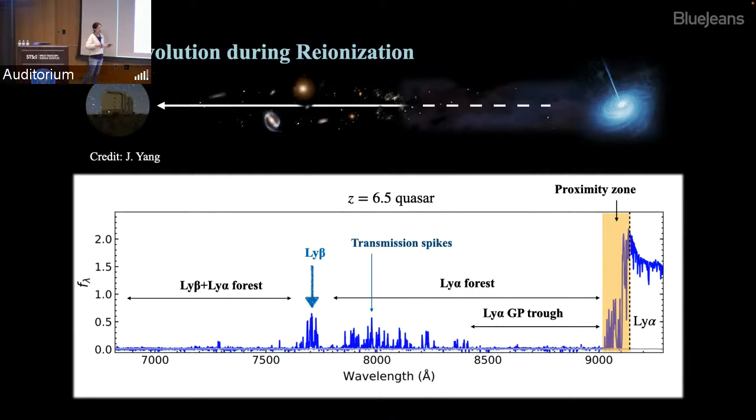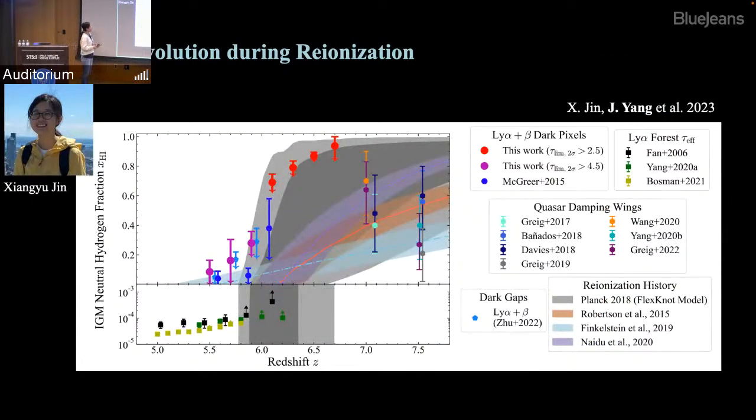All these absorption features in quasar spectra can be used as direct tracers of IGM evolution, and to estimate the neutral hydrogen fraction as a function of redshift. Here is a figure showing estimates of the neutral hydrogen fraction using high-redshift quasars, from redshift 5 to about 7.5, using different methods, for example Lyman-alpha and Lyman-beta effective optical depths, dark pixels, and quasar damping wing absorption.